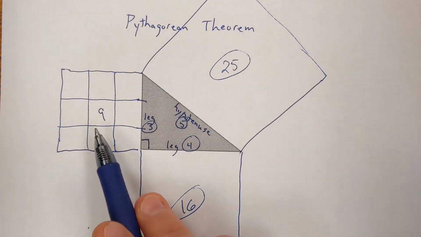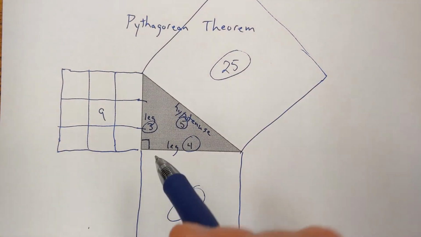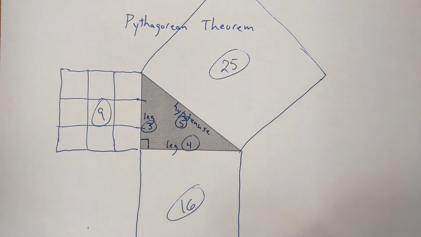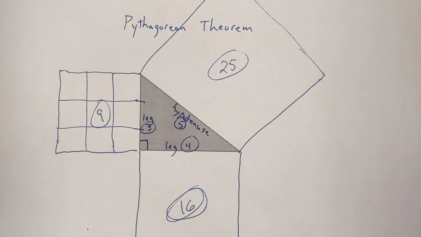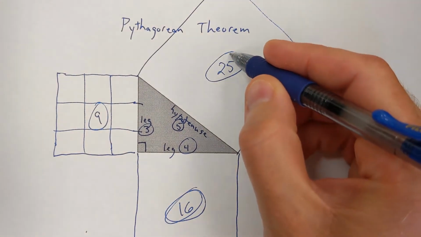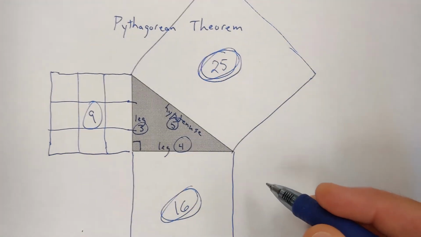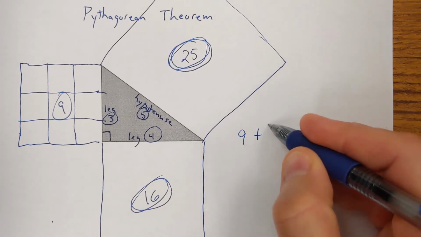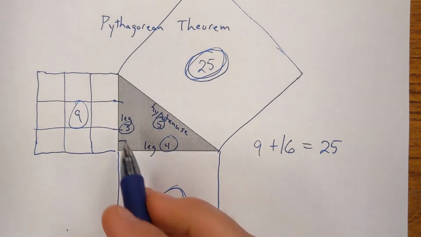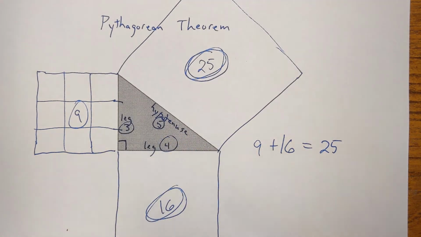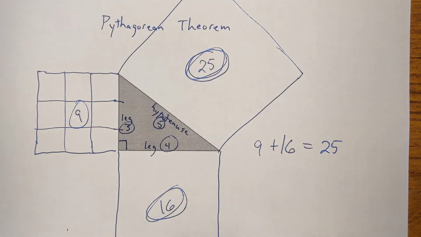Well, what happens is that the square of this leg, which is 9, plus the square of this leg, which is 16, in a right triangle always adds up to the square of the hypotenuse, which is 25. In other words, 9 plus 16 is equal to 25. And not only is that true of this particular right triangle, that's true of every right triangle.